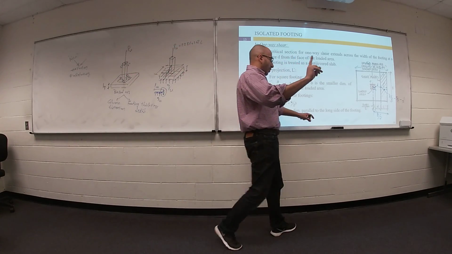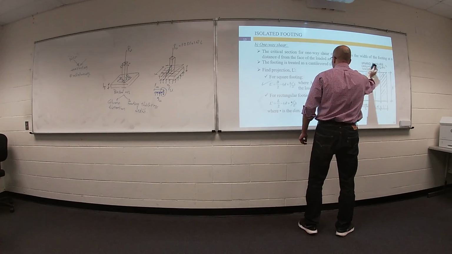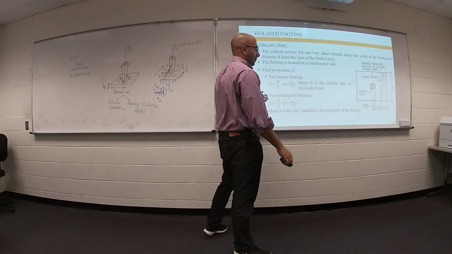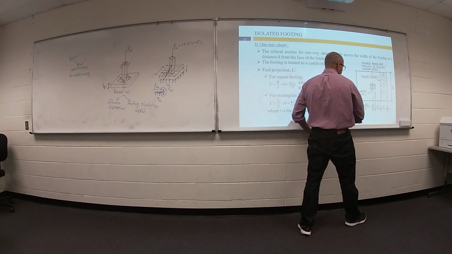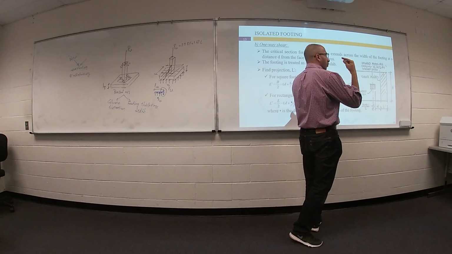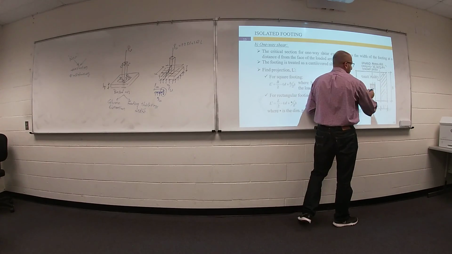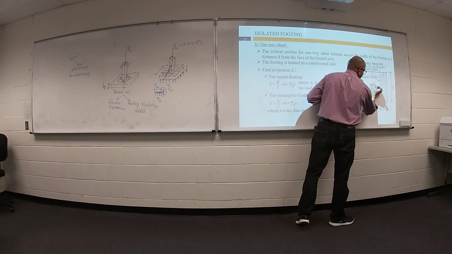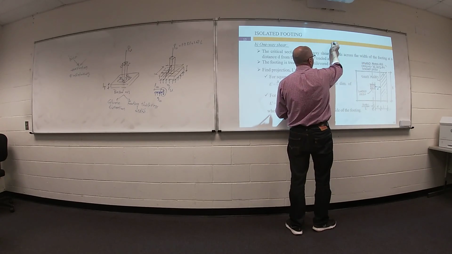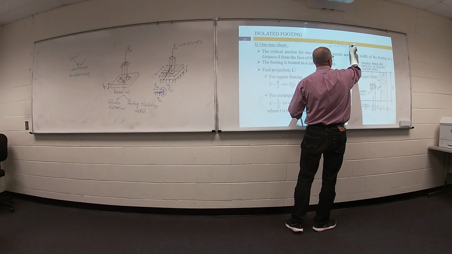One more time, I don't care about these equations. I don't like to remember them or use them. L prime in one sentence: come to the face of the column and walk distance d, where d is the footing depth.